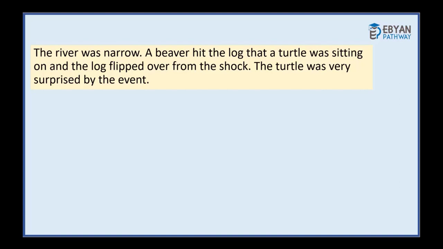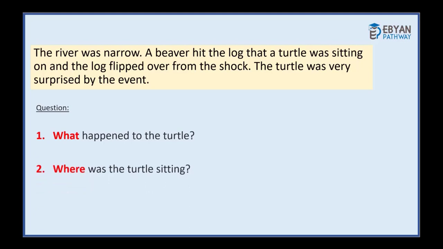Students, a small text like this requires you to be able to quickly identify the key questions, such as, 1. what happened to the turtle? And 2. Where was the turtle sitting?